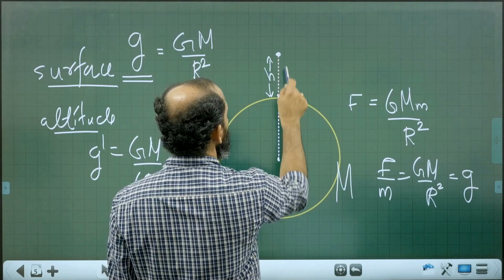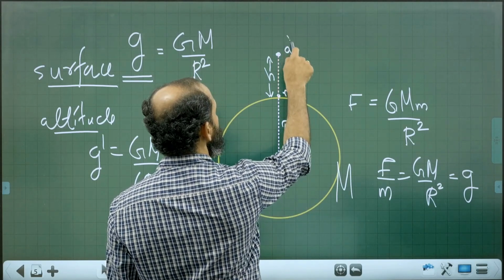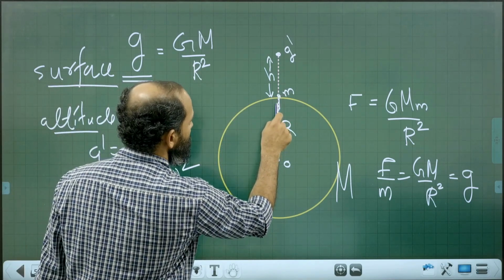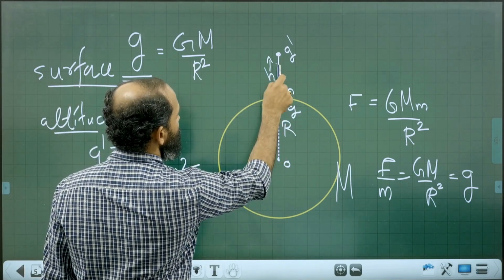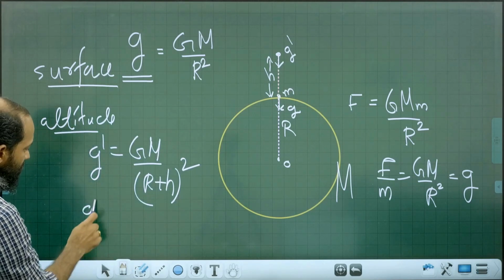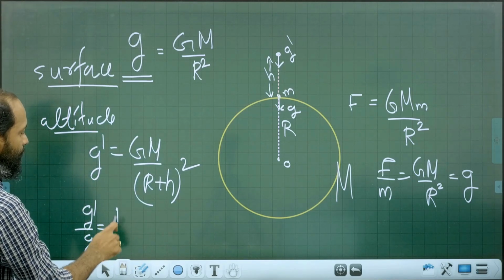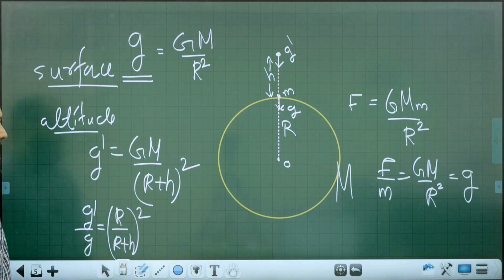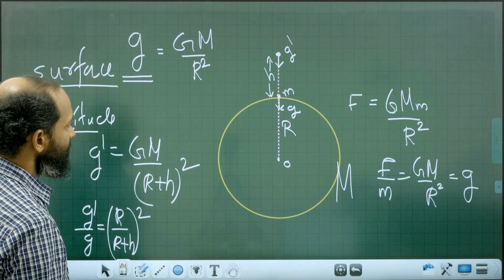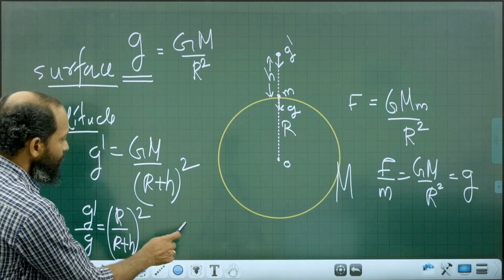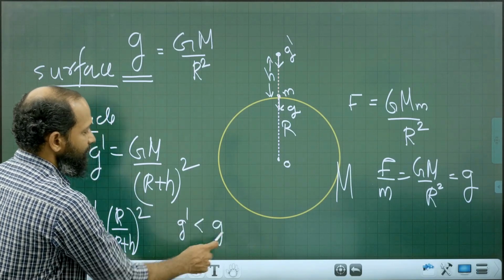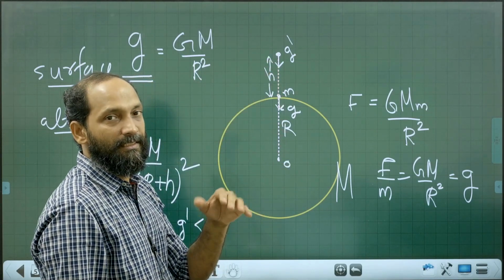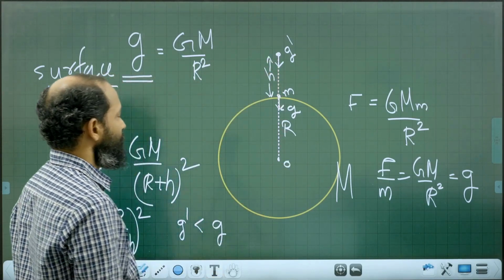If you raise that mass to this place, the value of acceleration due to gravity is g dash. At the surface it is g, at that altitude it is g dash. Then g dash by g is equal to r divided by (r plus h) whole square. That's why the value of g dash will be less than g. As you move from surface to altitude, the value of g decreases.